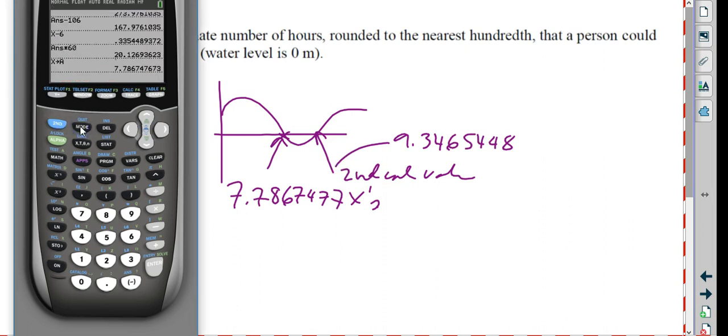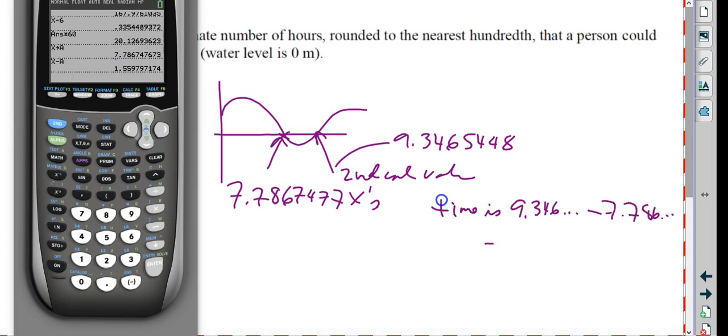So we take x minus A, because I stuck that number in A, and we get 1.559, so 1.56. So the time is 9.346 minus 7.786, which is 1.56 hours.